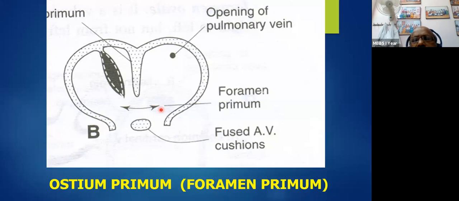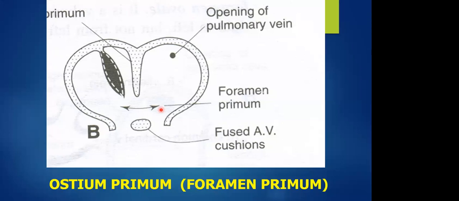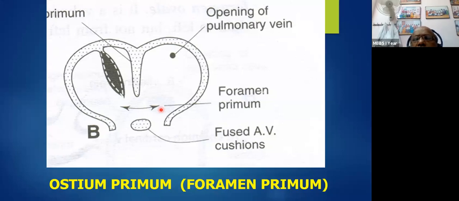So the opening present in the ascending aorta that gives rise to the right and left coronary arteries is called the coronary ostium. That's all. The coronary ostium is the opening present in the root of the ascending aorta, opposite to the aortic sinus. You should know what you mean by aortic sinus also.